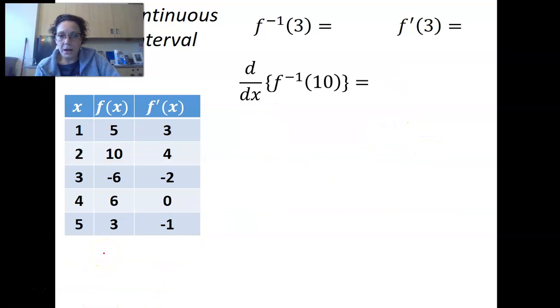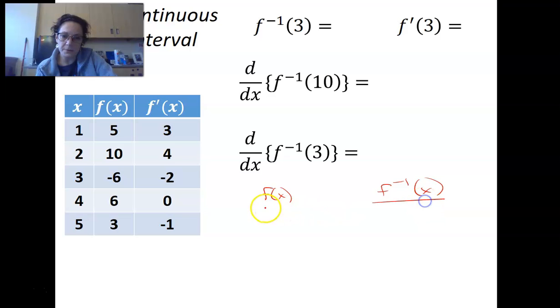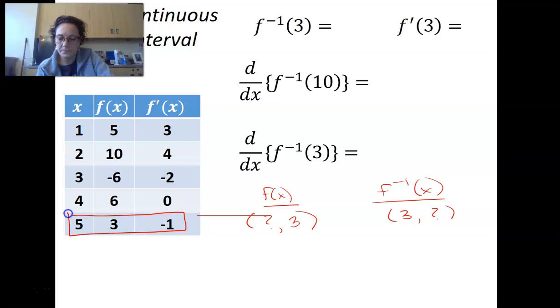All right. Okay. Same thing, but with a different value. So again, let's write our columns here. All right. f inverse of 3. So again, I have a point that's 3, something, which means over here I have a point that's something, 3. Let's go find it. Something, 3. There it is.